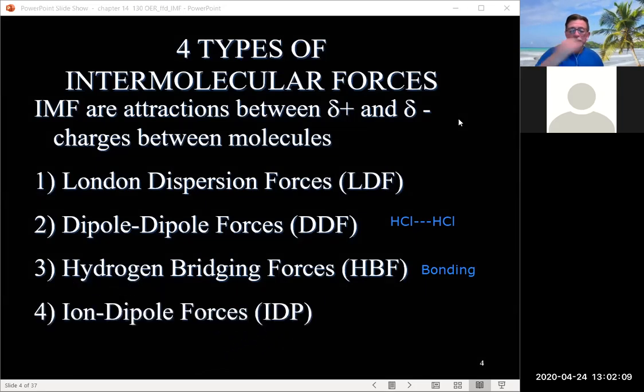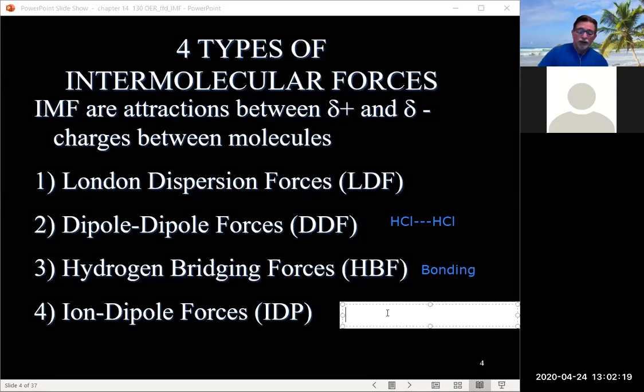And finally, the last one is called the ion dipole. In this case, you're going to see it in an aqueous system, water, okay? And then some kind of a salt. And any salt, not necessarily just sodium chloride, any metal, non-metal combination.